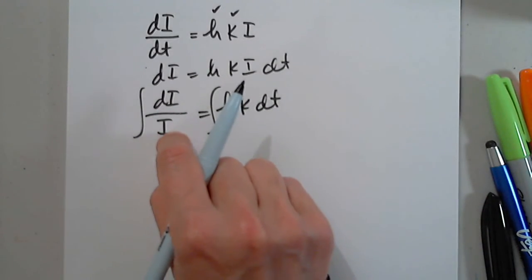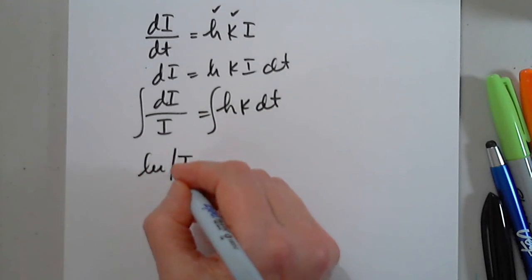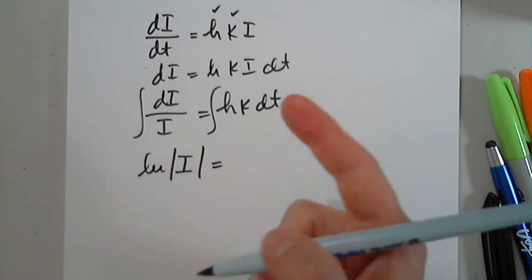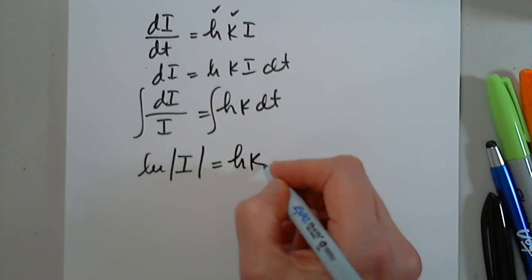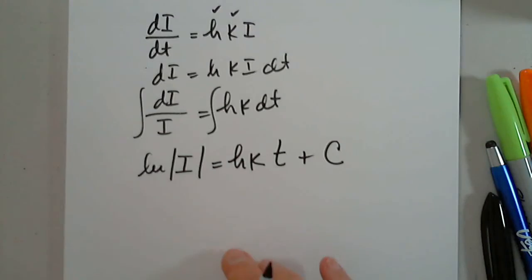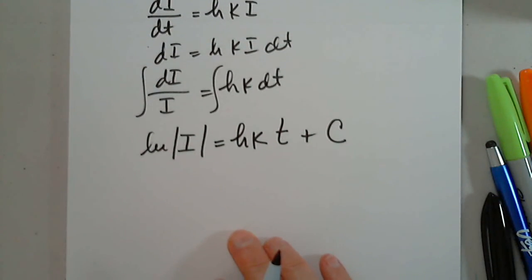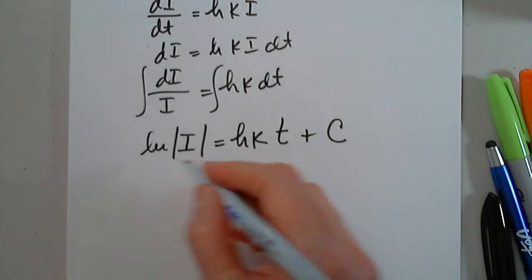Remember, 1 over I is natural log of the absolute value of I. And on this side, this is a constant, goes in front, so hk, and the integral of 1 is simply t plus a constant c. So at this point, we have to solve this equation.